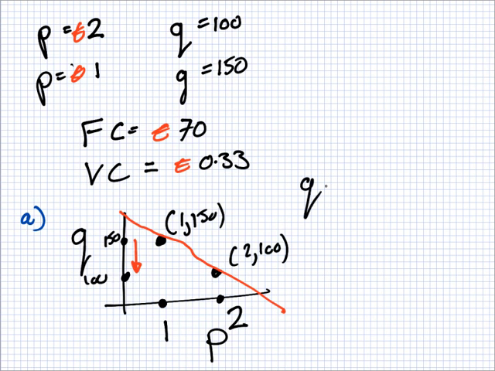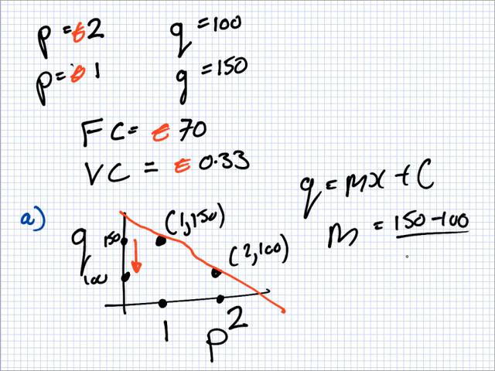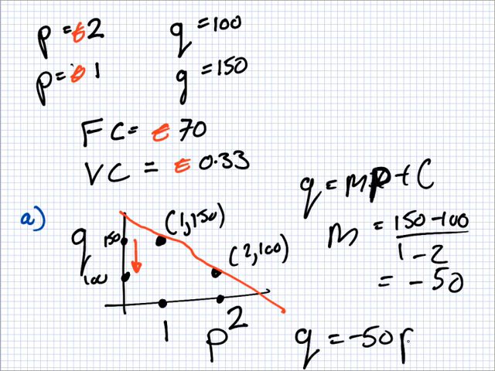So we want Q equals mP plus c. How do I get the m? That would be 150 minus 100 over 1 minus 2. So that's equal to what? Minus 50. Okay, so Q equals minus 50. Oh, sorry, that should have been P there. Q equals minus 50P plus c.